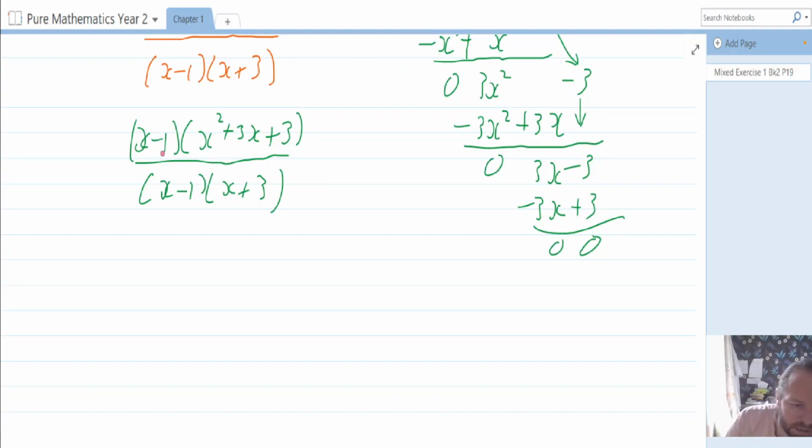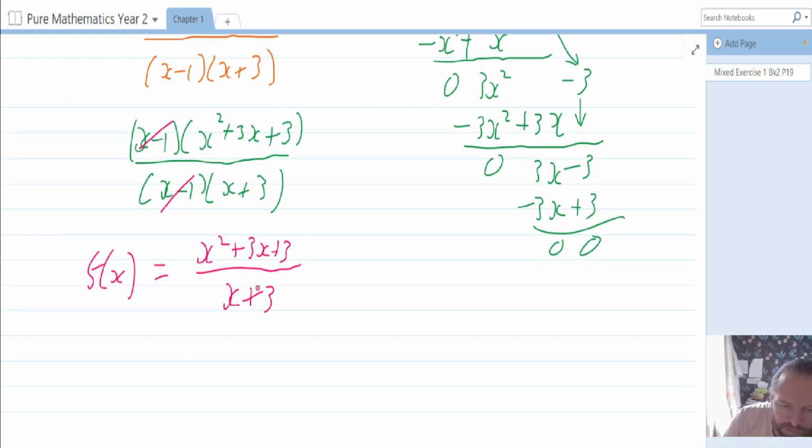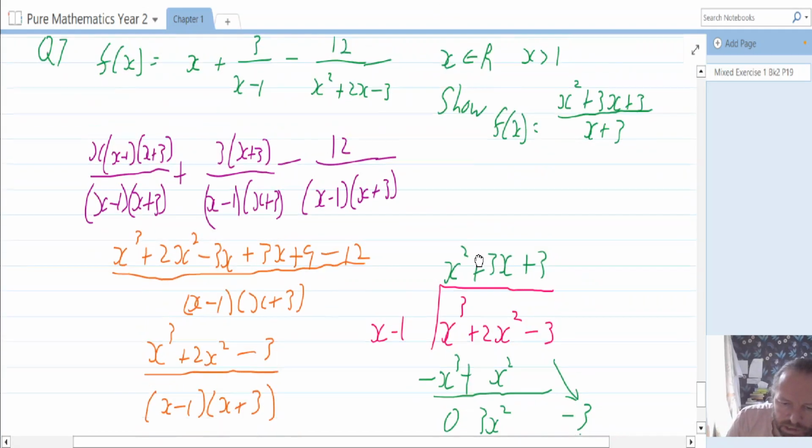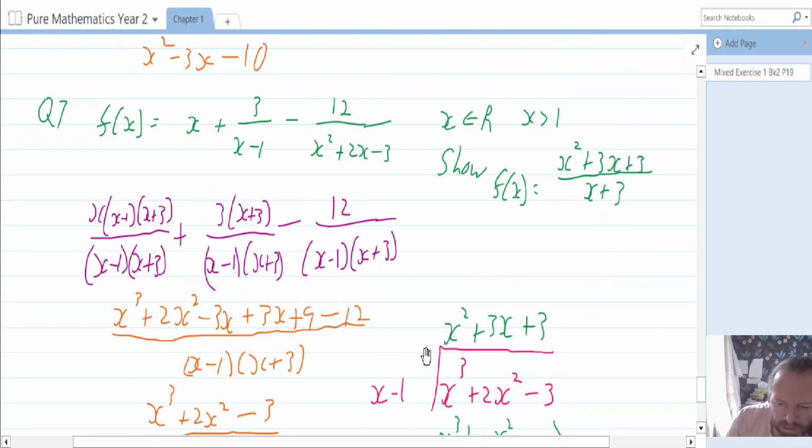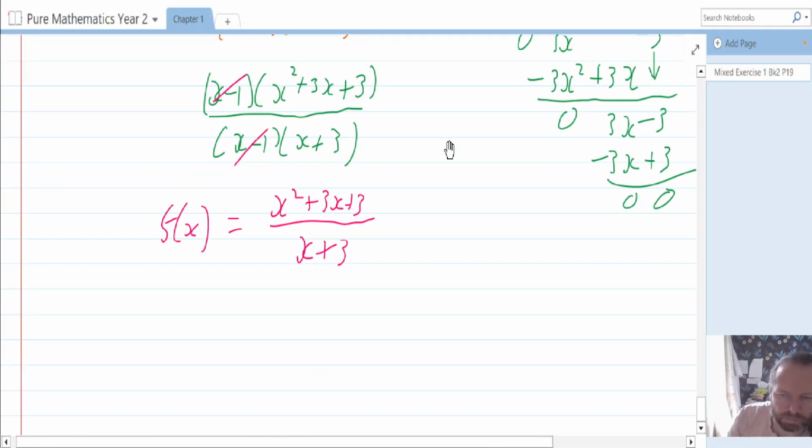And from that, I can cancel out the x minus 1's, and that leaves me finally with an f of x equal to x squared plus 3x plus 3 divided by x plus 3, which is the same as what they wanted in the question. So we are done.